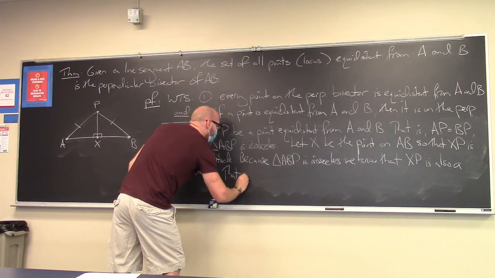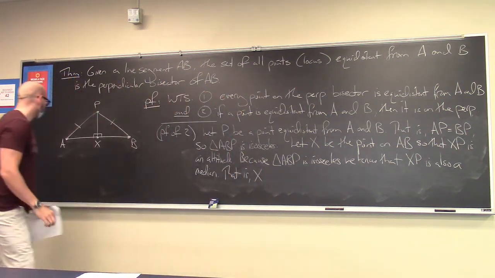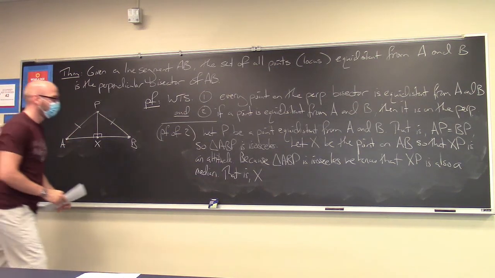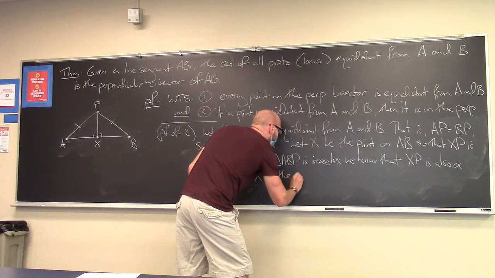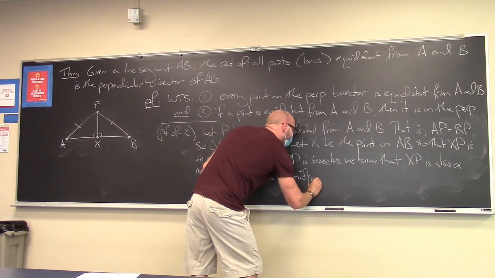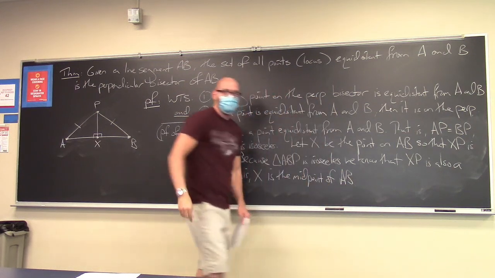Right? Or in other words, X is the midpoint of A and B, of AB. X is the midpoint of AB.